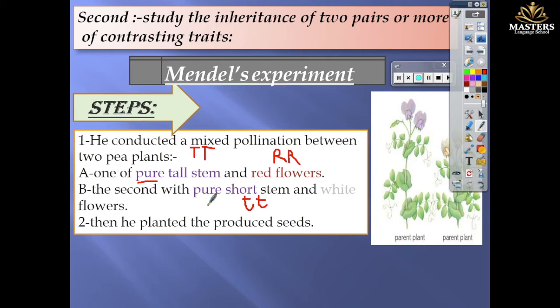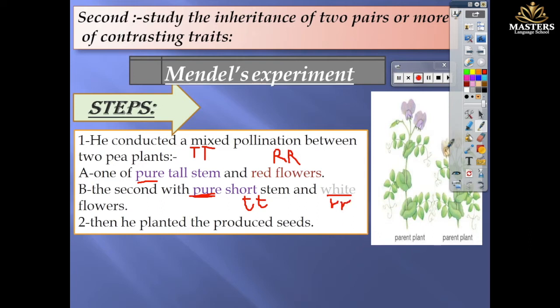When I talk about a recessive trait, I don't need to say pure. We said before, any recessive trait is always pure. What about the white flower? White flower is a recessive trait of red flower, so I will write the small letter of the dominant trait, which is R small.